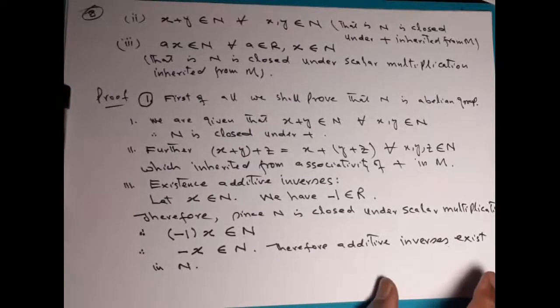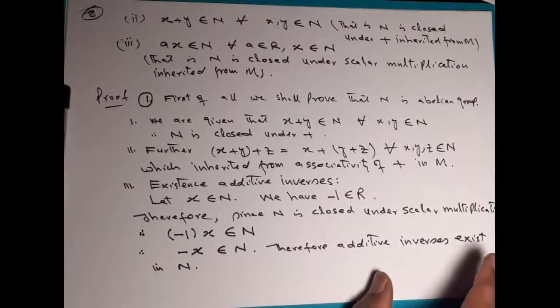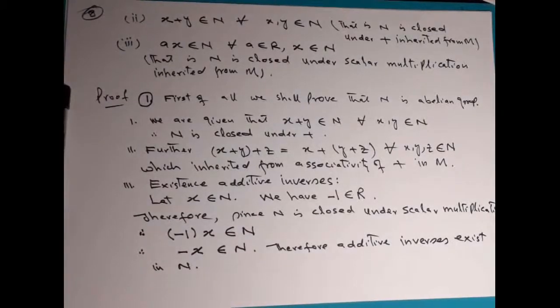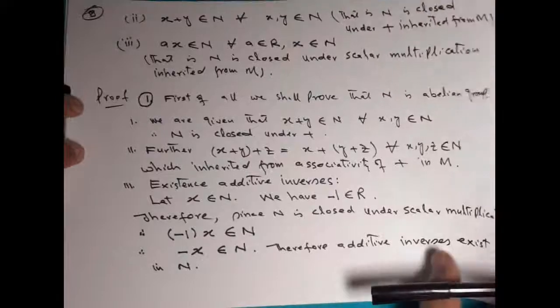Next, we have to establish that additive identity exists in N. Note that mostly we prove additive identity first and then we prove inverses. But in this case, we prove inverses first and then we prove additive identity based on existence of inverses. So, existence of additive identity.